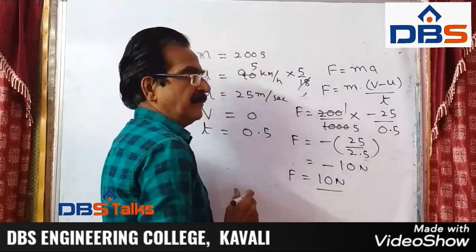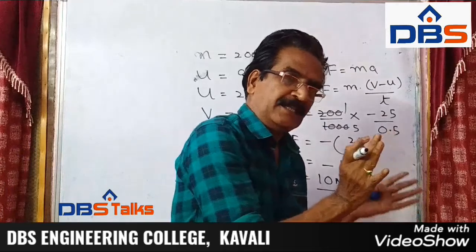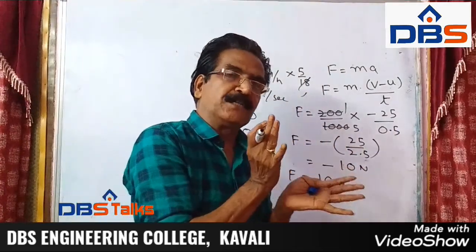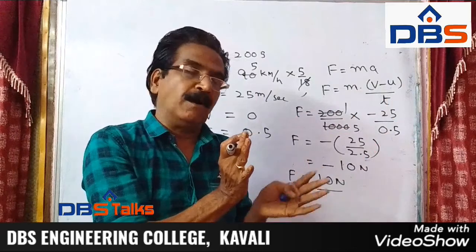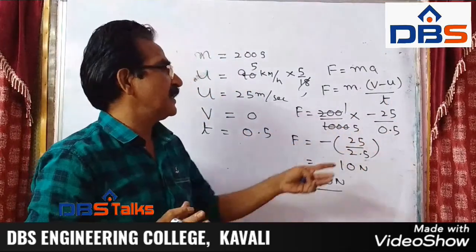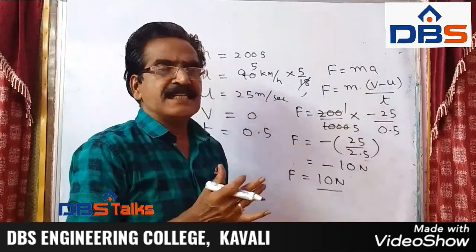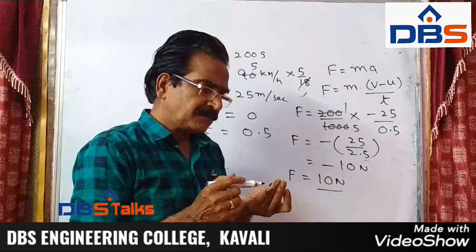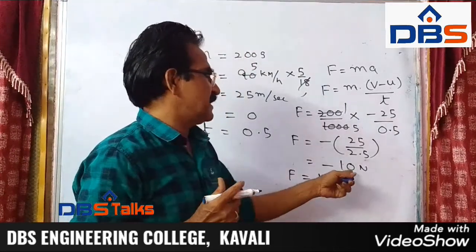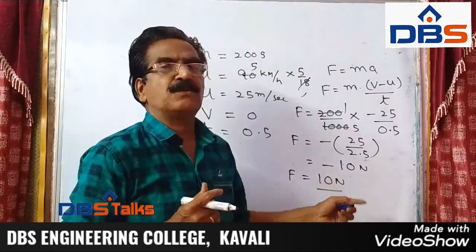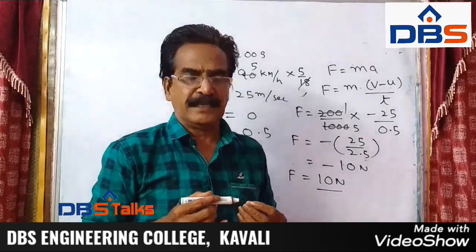So the fielder has to apply 10 newtons force in the opposite direction of the ball to stop the ball. Here the acceleration is retarding acceleration, so that is this minus. So F is equal to 10 newtons.